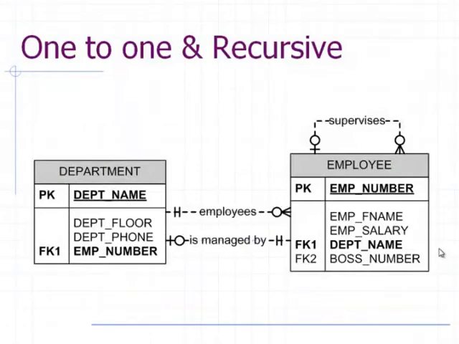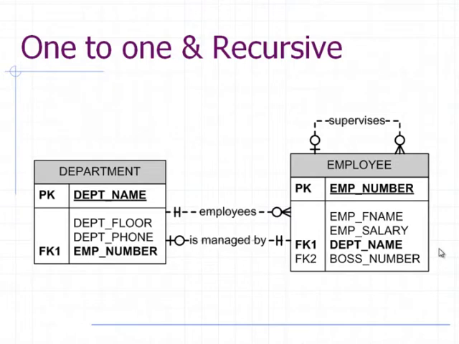As the last topic, let's consider some interesting examples that include one-to-one relationship and also recursive relationship. For this, here in this slide, we have two tables. One is department table and the other one is employee table.